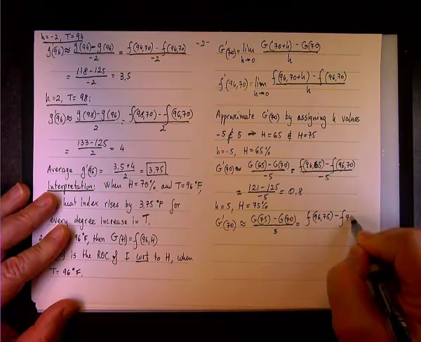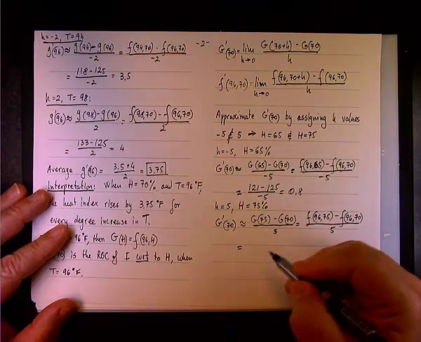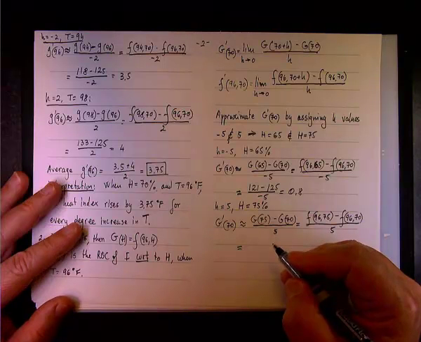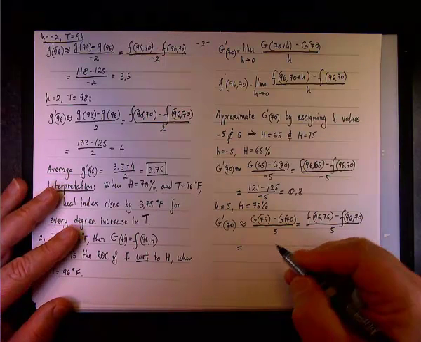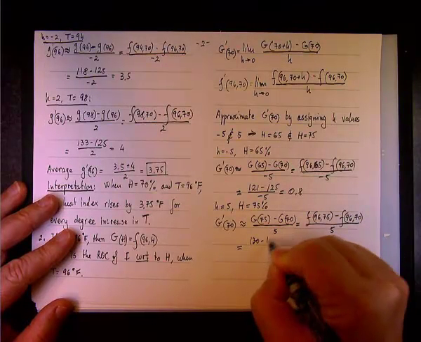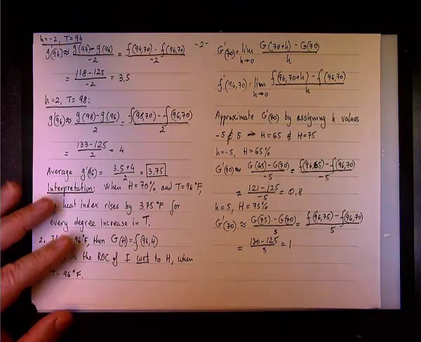Likewise, we'll let H equals positive 5, and uppercase H, the humidity, will be 75%. And now we have another evaluation of the derivative, but this time it will be G at 75 minus G at 70 divided by positive 5.